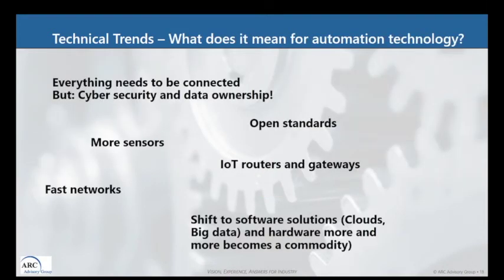Yeah. So of course, this all has an impact on the automation technology itself, because everything has to be connected, which results in many cases in higher cybersecurity measures. And machine builders and end users often are afraid of what might happen to my data. Who is the owner of this data?